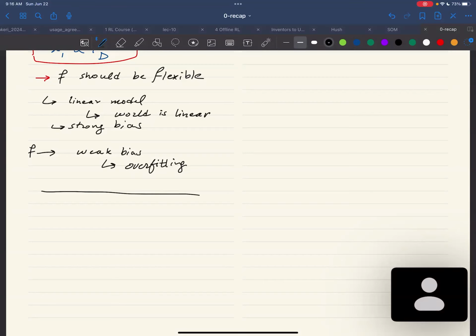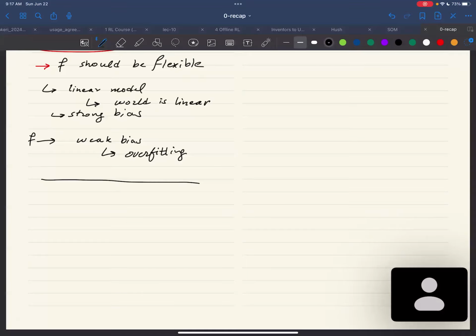Okay, so let's assume a class for our f that we want our f to follow. Oftentimes we will parameterize this family or this class by a set of tuning parameters. So W, you can think of W as a tuning parameter.